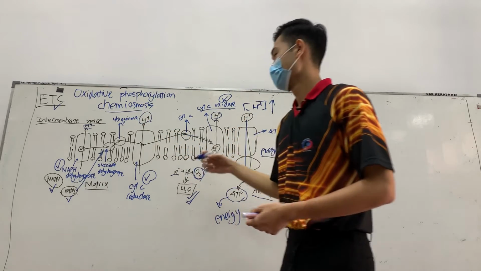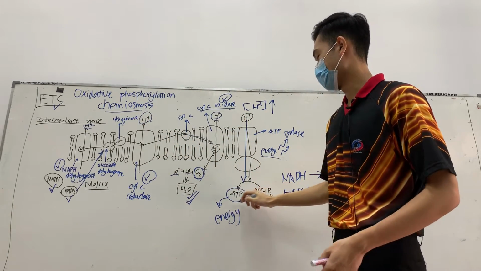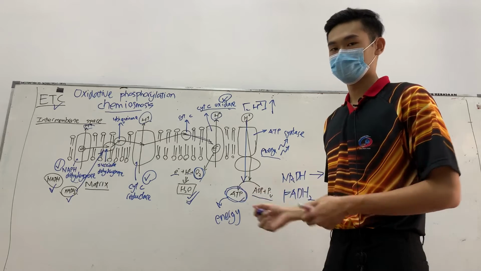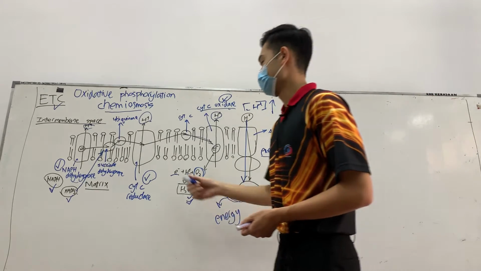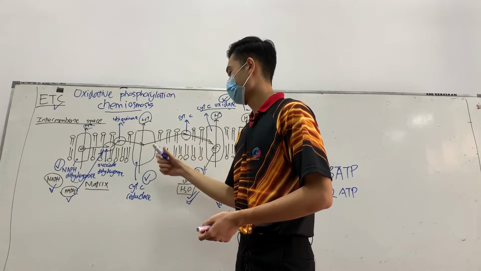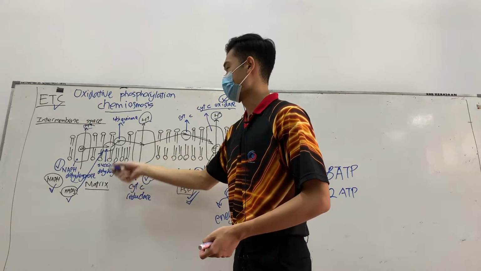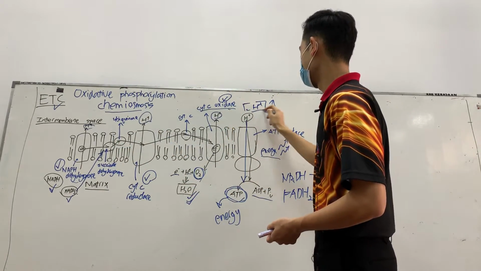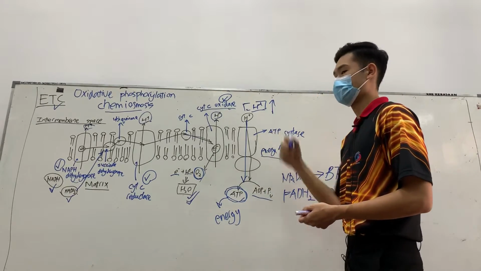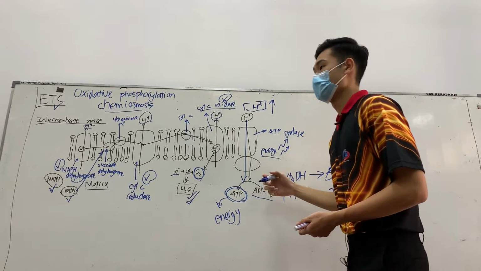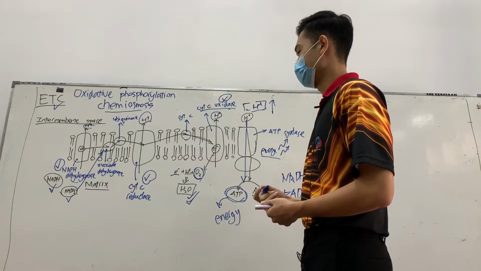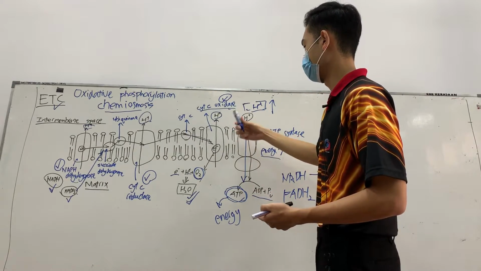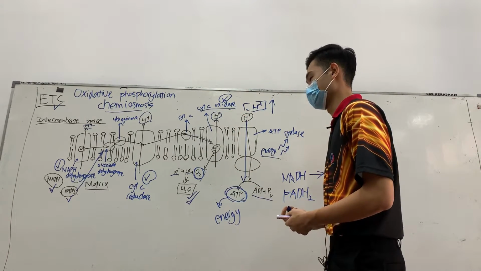Chemiosmosis is the process that produces ATP. As you know, H+ ions are transferred from the matrix to the intermembrane space. This will cause the concentration of H+ ions in the intermembrane space to increase. And if the H+ concentration is increased, the ions will try to move from high concentration to low concentration.